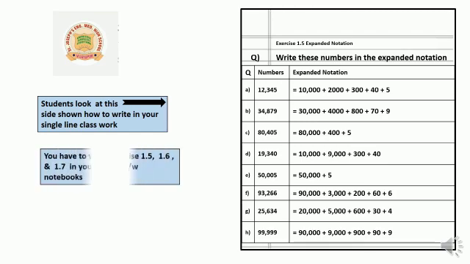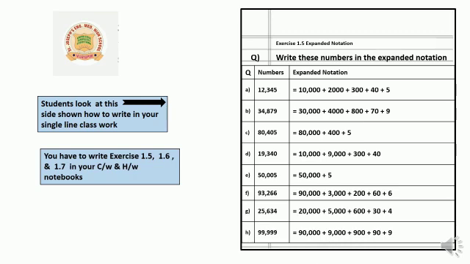As we have completed 3 exercises today, that is exercise 1.5, 1.6 and 1.7, along with this video I am sending you a PDF file of this video. You have to write all these 3 exercises in both your classwork and homework notebooks.